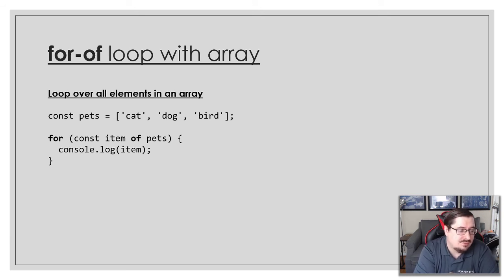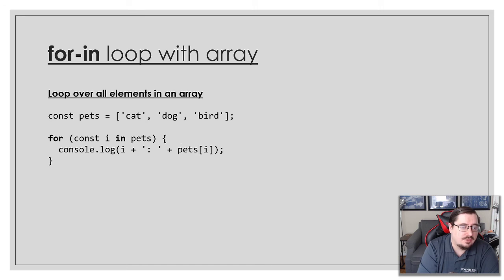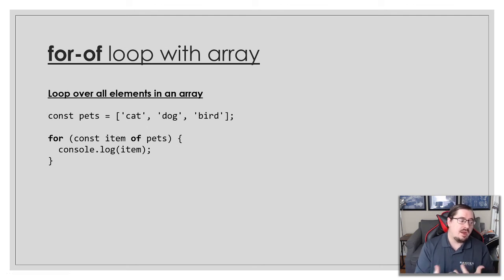Similarly, another way I can write loops over arrays is to use the for of structure. As you saw with the for in, that gives me the key for each element. For of actually gives me the value. So if I say for of, const item, that's the name of my variable, and I'm looping over pets, rather than giving me the indexes 0, 1, 2, it'll actually give me the values.